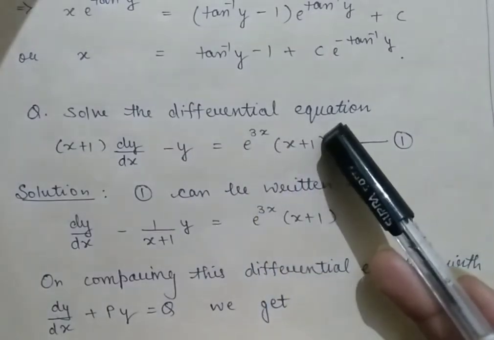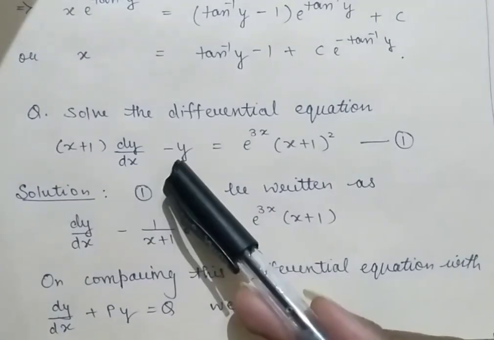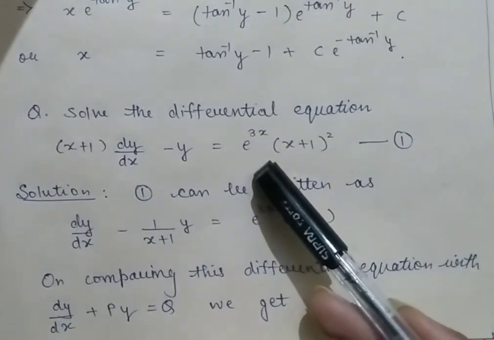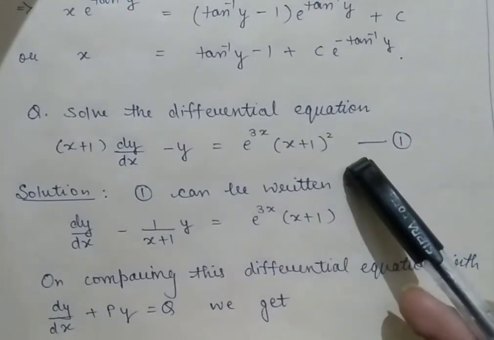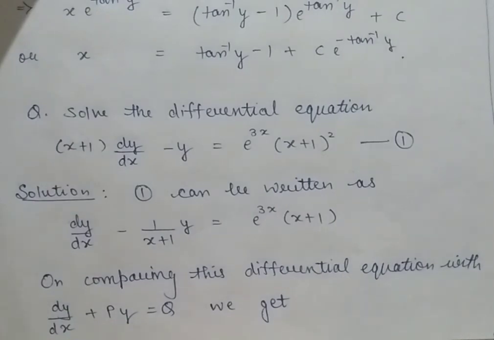Question: solve the differential equation (x plus 1) dy by dx minus y equals e raised to the power 3x into (x plus 1) whole square. We want to solve this differential equation by the linear method, or write this equation in the form dy by dx plus py equal to q, or dx by dy plus px equal to q.